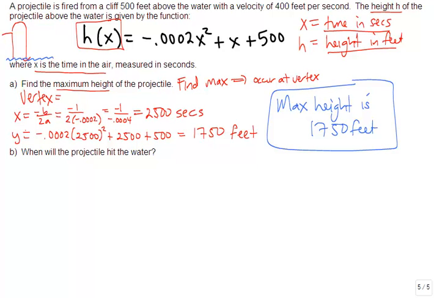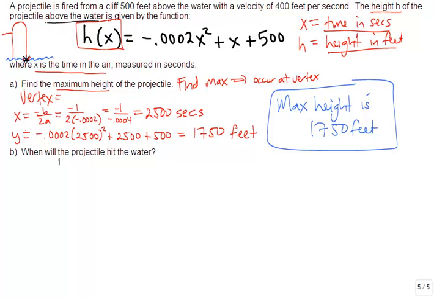Then for part B, we want to know when will the projectile hit the water. So let's look at our picture. You can imagine this object going up into the air and then coming back down, and eventually it's going to splash into the water. So what do we know about its height when it's hitting the water? Since this is the height above the water given by this function, then when the height is 0, that's when it's actually at the water level.